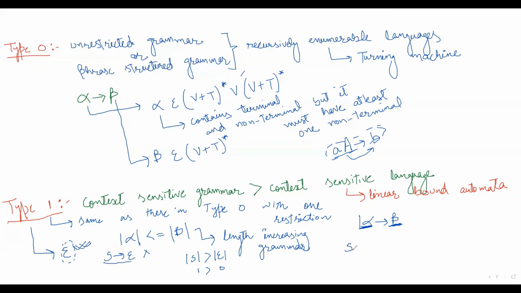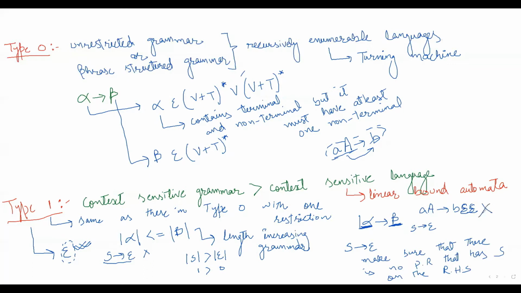You can include this production rule, but you have to make sure that there is no production rule that has S on the right hand side. Because for example, if there is some production rule like this, by default it is a type 1 grammar, but since S gives epsilon, we can simply replace it with epsilon.